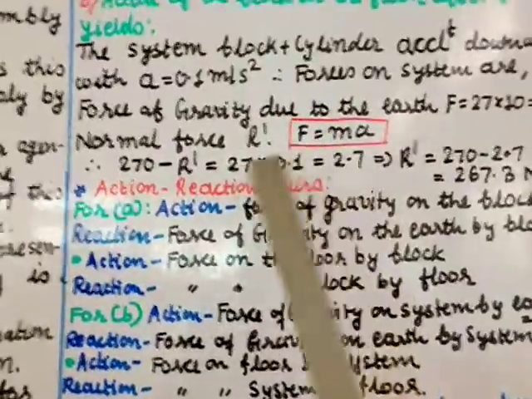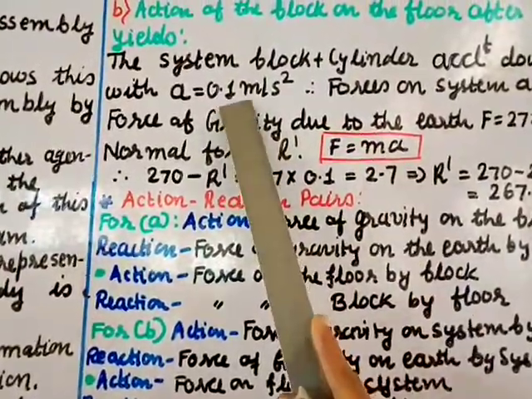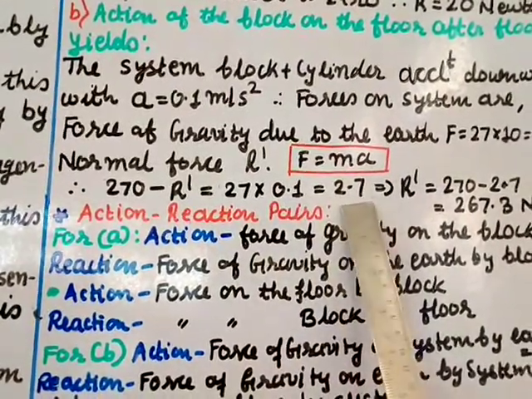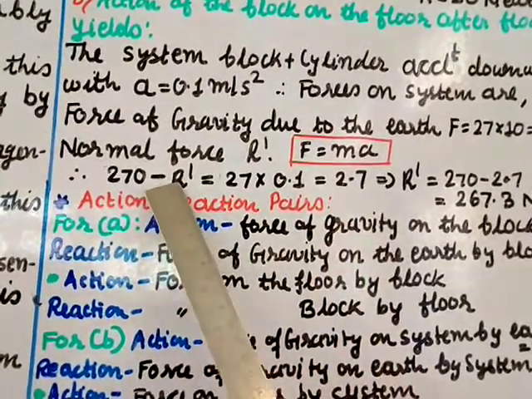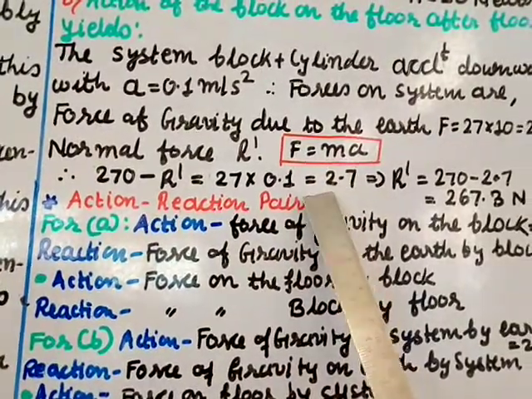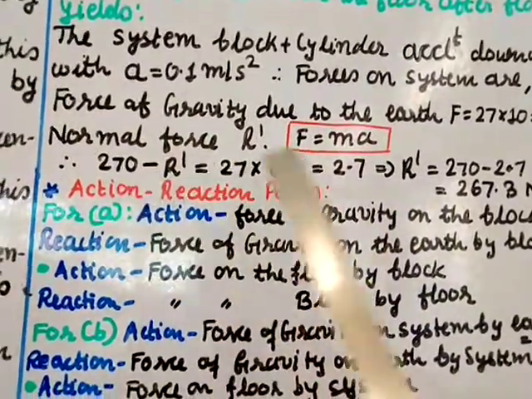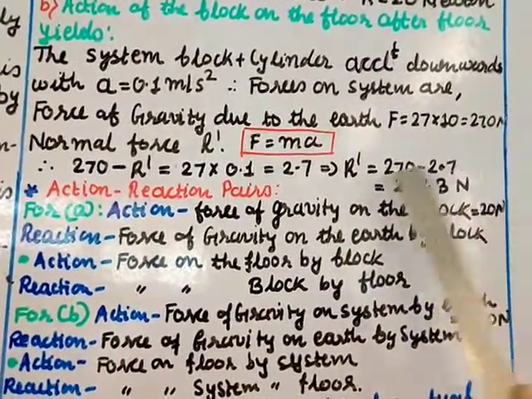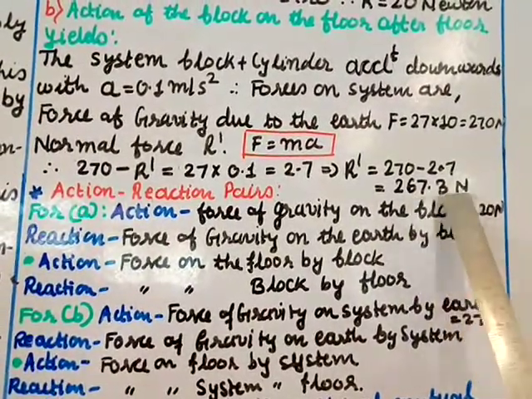So here I have written 27 and acceleration is given to us as 0.1. So 27 into 0.1 equal to 2.7. Now R dash, which is negative, transfer over here, and 2.7 transfer over here. So you get R dash equal to 270 minus 2.7. Okay, this difference is 267.3 Newton.